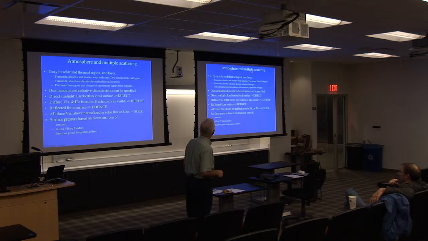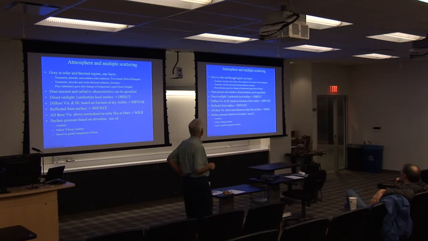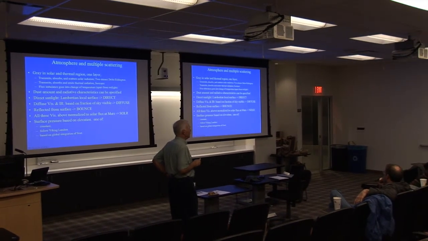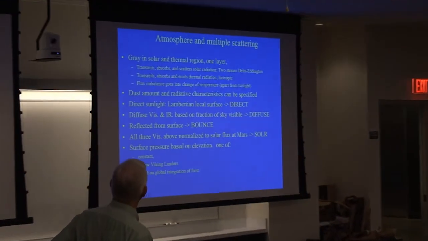Okay, here's the atmosphere and the multiple scattering. So it's gray, spectrally gray. That means I don't give any account of wavelength dependence. I assume whatever the coefficients are, they're the same at all wavelengths. But those numbers can be different in the solar and the thermal regions. So it transmits, absorbs, and scatters solar radiation using a two-stream delta Eddington, which we'll get into in a moment.